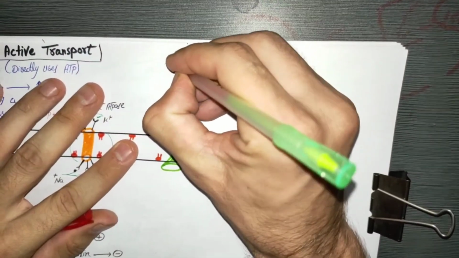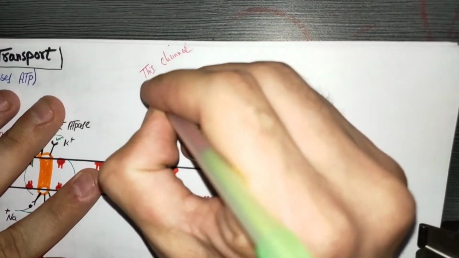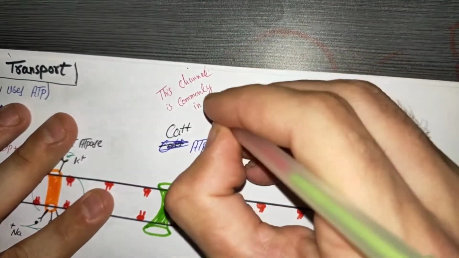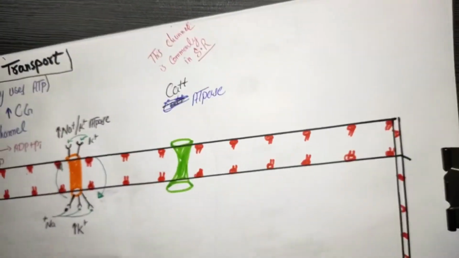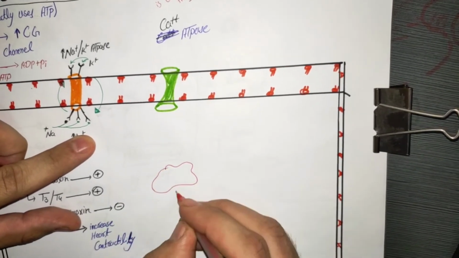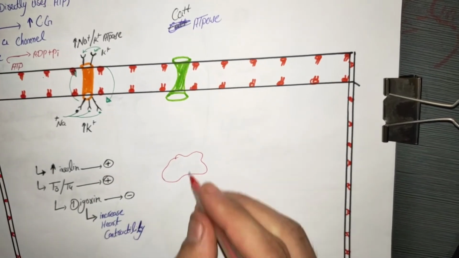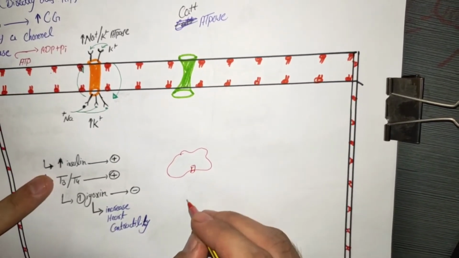So this channel is commonly for sarcoplasmic reticulum. This channel is present in sarcoplasmic reticulum. Okay, sarcoplasmic reticulum is inside of the cell. This is the membrane of sarcoplasmic reticulum, and we have here the channel by the name of calcium ATPase.